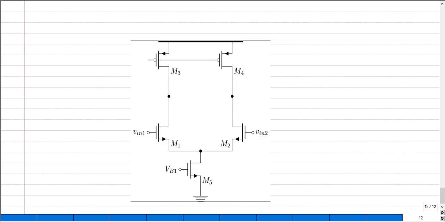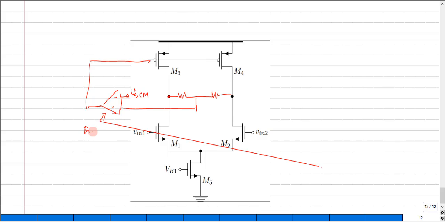What I really want is to take the common mode output and feed it to an amplifier where one of the terminals is fixed to the common mode value, whereas the other terminal of this op amp is fixed to the value that you want this node to be, which I take as VOCM, and you feed the output of this differential signal back to the VB value. Now, what are the requirements that are imposed on this extra op amp?